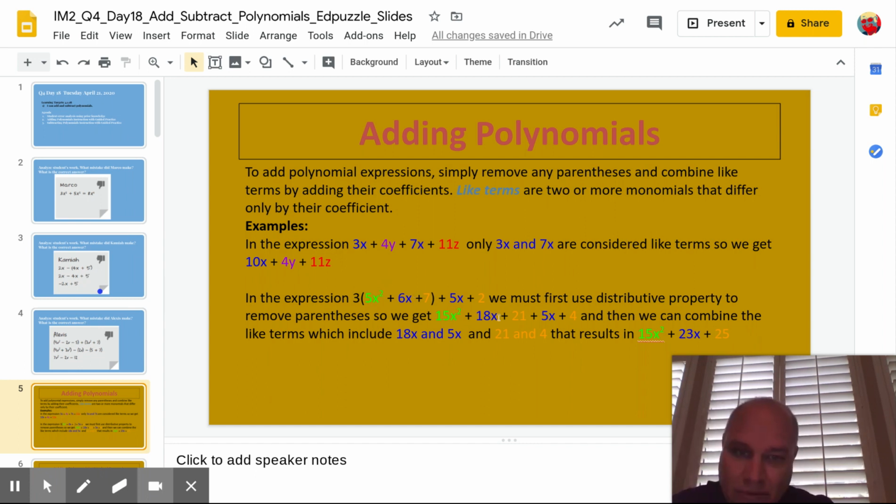And then don't forget, we still have the 5x and the 4, which we didn't multiply because they weren't inside the parentheses. And then we would combine the like terms. So our like terms in this example now are the 18x and the 5x, and the 21 and the 4. So when we combine those, we end up with 15x squared plus 23x plus 25.